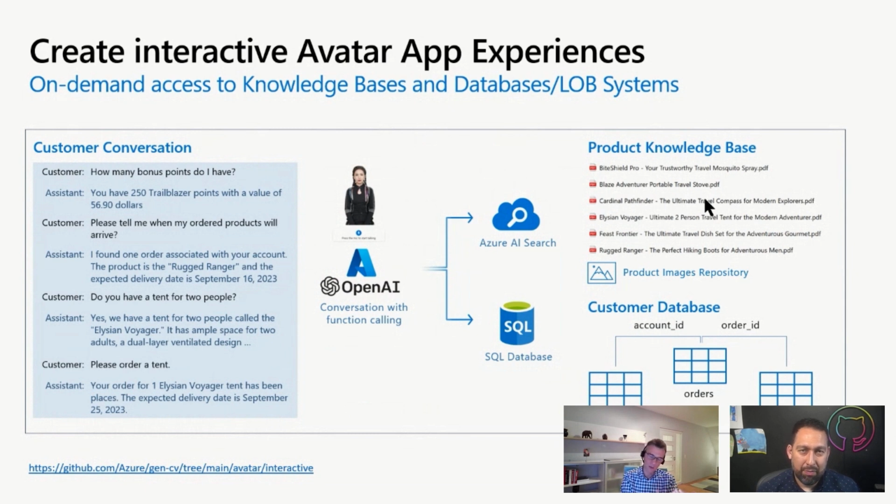So the large language model understands your intent. It has a set of functions. These are actual Python functions, and it knows when to trigger those functions based on your intent, which makes it a very, I would say, flexible and scalable end-to-end solution with the avatar as a front end.